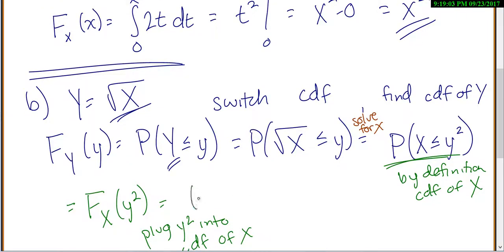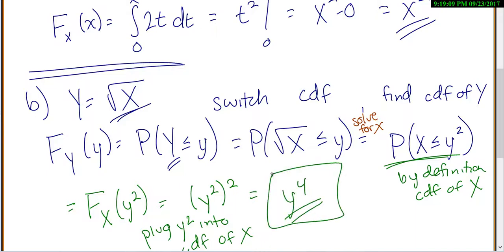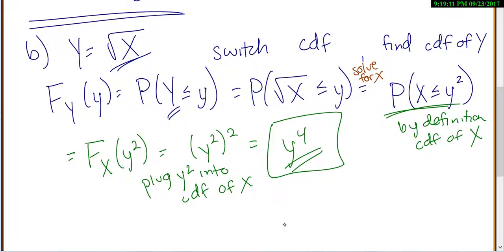Plug y squared in. So y squared squared gives me y to the 4th. And this is now my CDF of y. So capital F of y is y to the 4th.